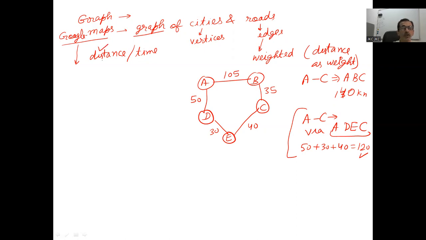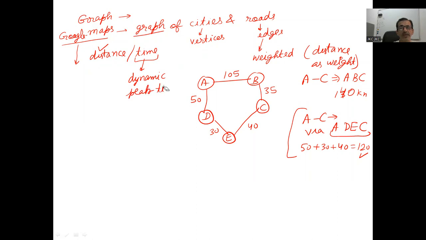Distance is an obvious weight being considered for the edges, but nowadays Google Maps also tells the time taken to reach. In fact, this time can be dynamic, because in early morning versus peak hours, the timing will differ.